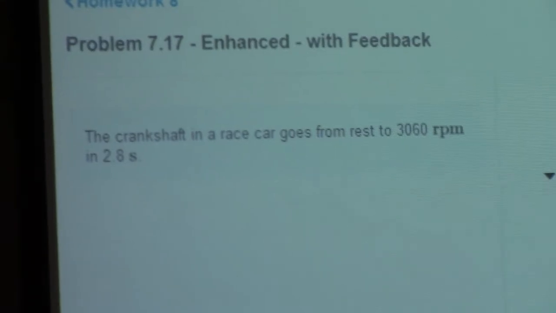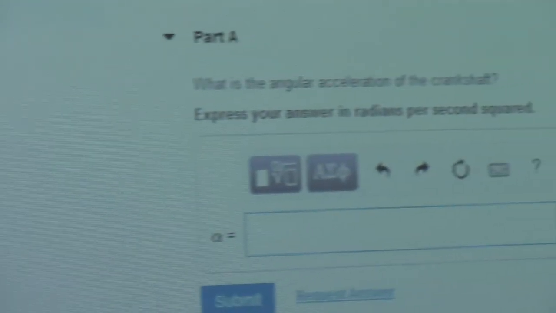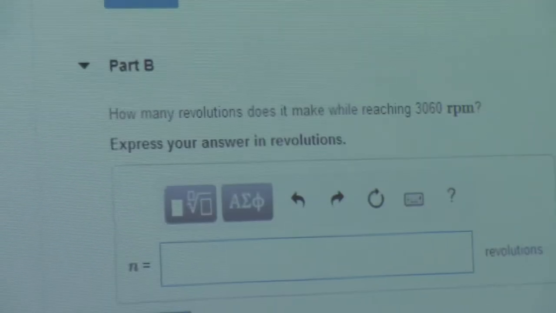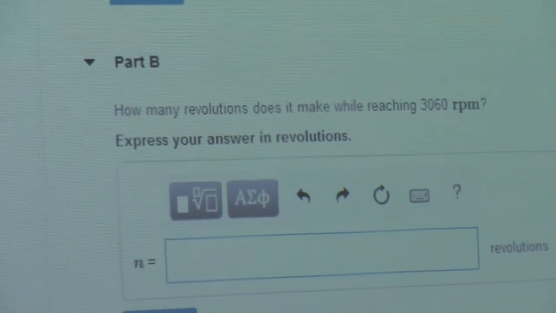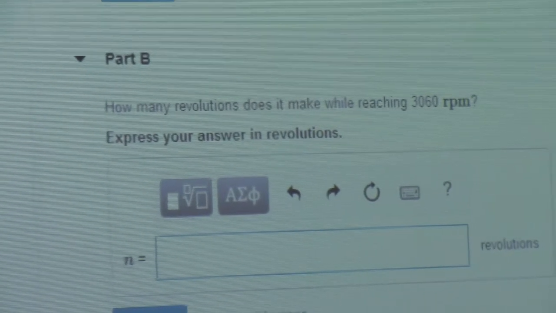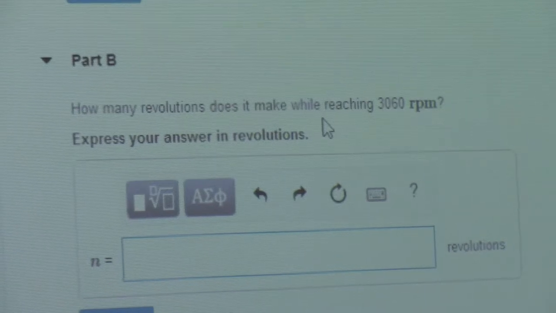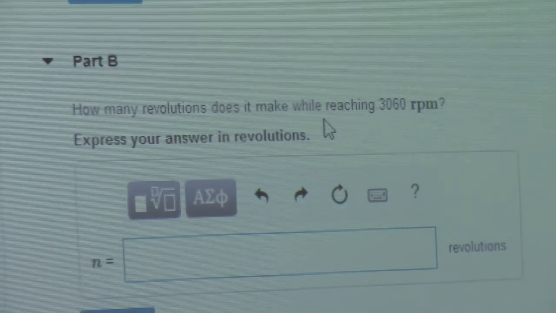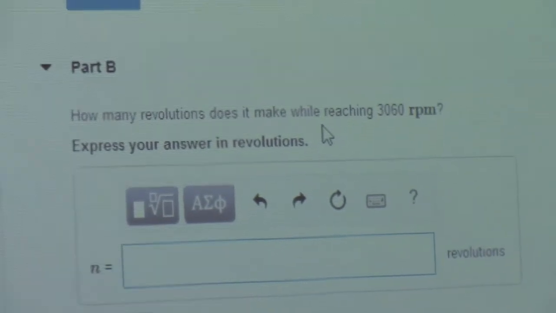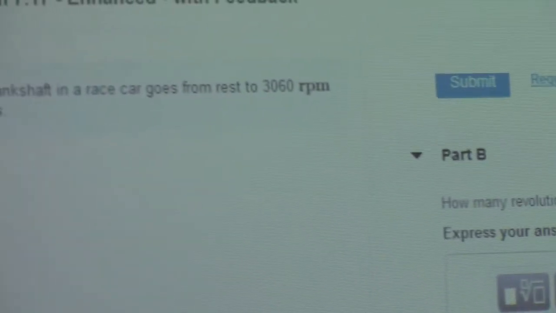What's the angular acceleration of the crankshaft? And then part B here, how many revolutions does it make while reaching 3060 RPMs? Okay, good. So this is kind of the beginning of chapter 7.